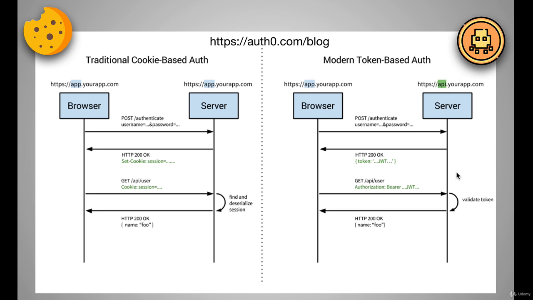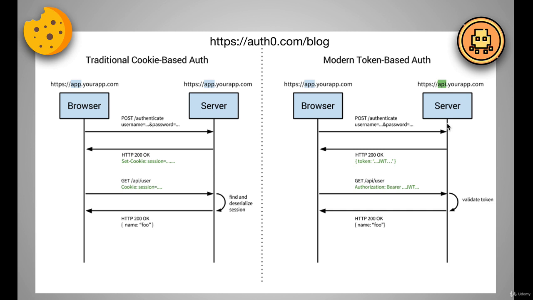Another good thing about tokens is that unlike cookies that work really, really well with one single domain, the classic browser server client relationship, a token-based approach makes it really, really easy for you to work with different APIs. If your company had multiple APIs, you can use the same JWT token across different APIs.